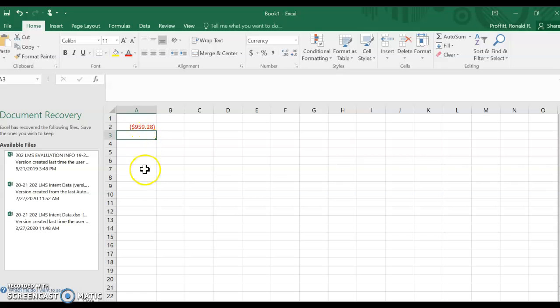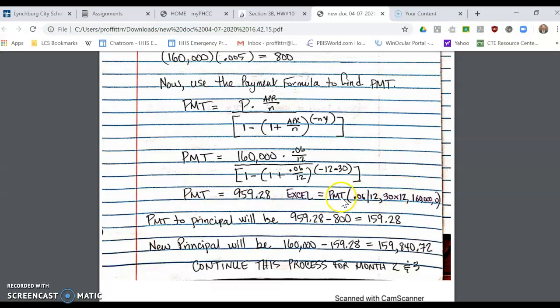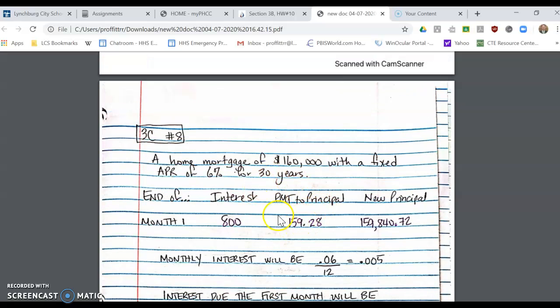That's what we just calculated on the sheet that I just showed you. Okay, so let me go back to the sheet. The monthly payment is $959.28. To fill in this next block, they want to know out of that payment, how much is going towards the principal. We know that $800 of that payment is going towards interest for the first month.